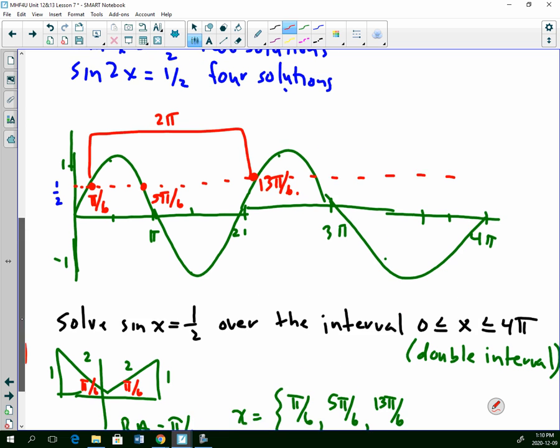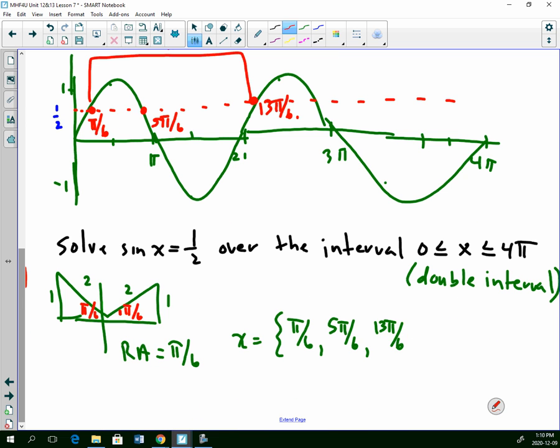If you're thinking about it in the quadrant, I'm going all the way around plus back to pi over 6. So pi over 6 and then go all the way around back to pi over 6. And then this number is being repeated here. Right? So we're going to add 2 pi to 5 pi over 6, which will be 17 pi over 6.